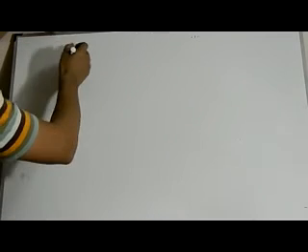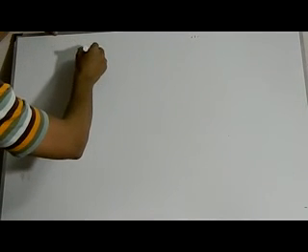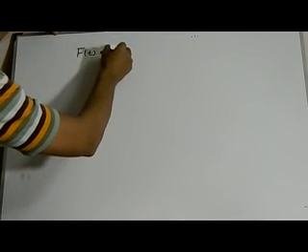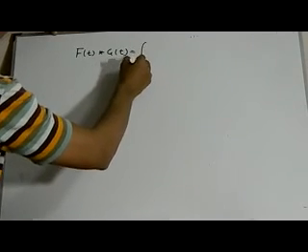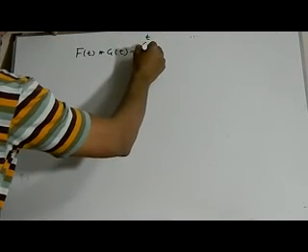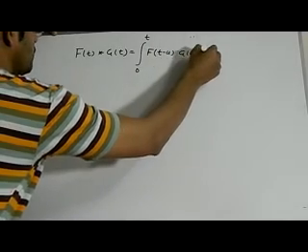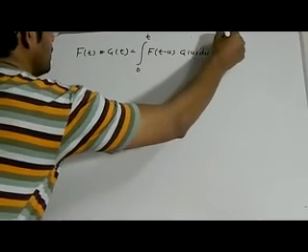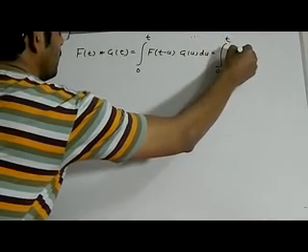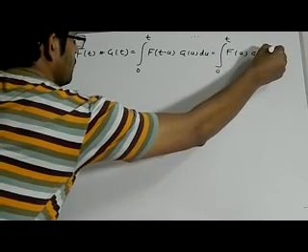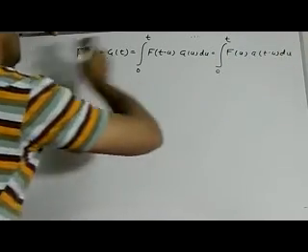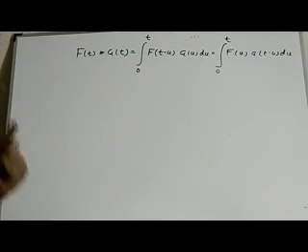What I had defined is f(t) star g(t) as the integral from 0 to t of f(t minus u) g(u) du, which is the same as the integral from 0 to t of f(u) g(t minus u) du. In either way you can write it.